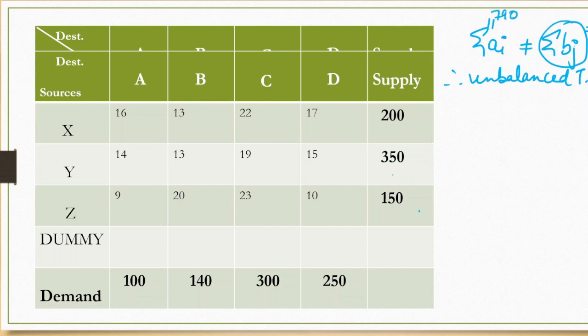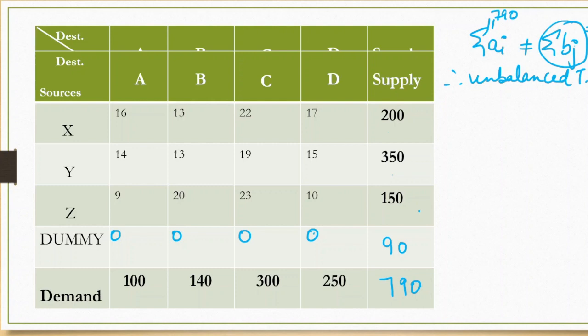So to make them both equal, I have to have 90 more supply, and I would be having a dummy row here with 90 supply, so that I can make it 790. So what would be the cost available to me? It's all zero. So I'll be adding a dummy row with all zero cost, but with the supply 90. But if you have an example where your summation Ai is less than your summation Bj, then you will be adding a dummy column similarly.